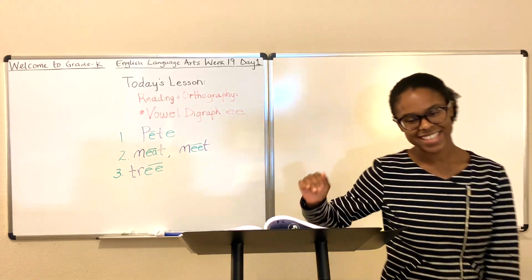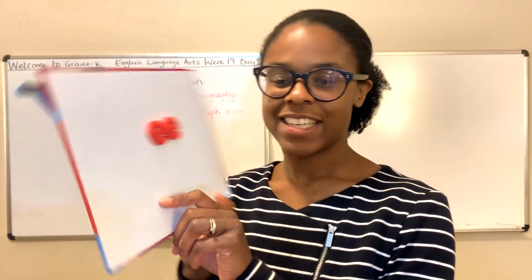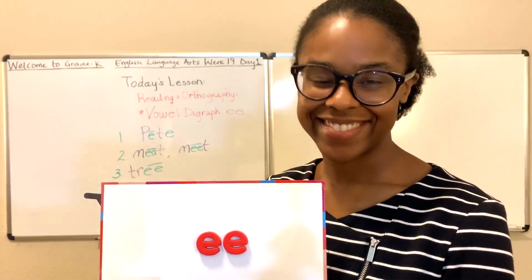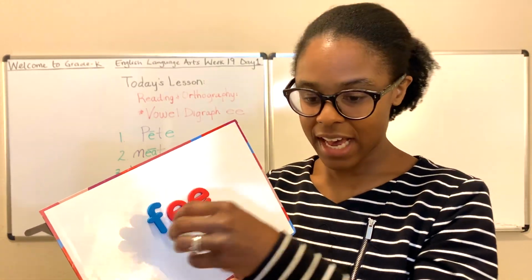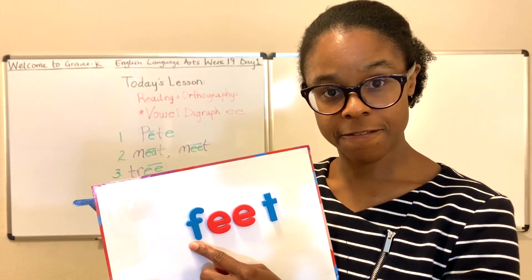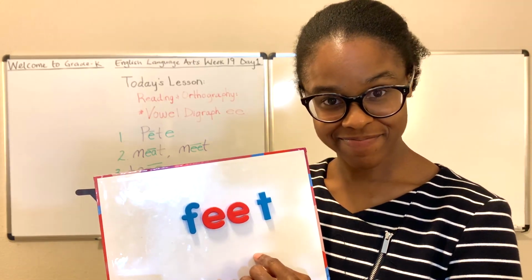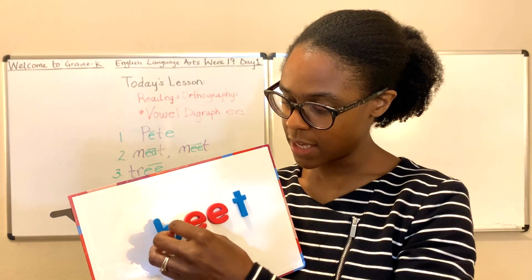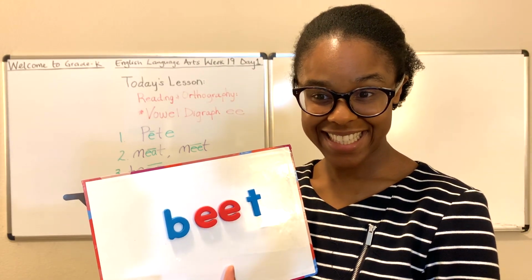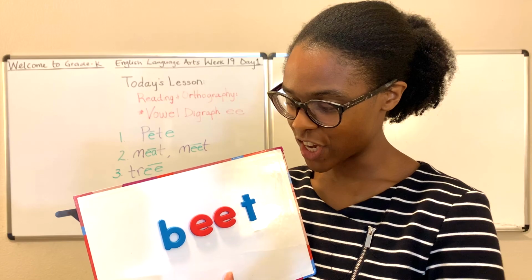So let's get started. What sound does this make? E. Good job. Just making sure you've been paying attention. Okay, so if we add F and T, eat, feet. Did you get that? Good. What about if we replace that F with a B? Eat, beat. Good job.